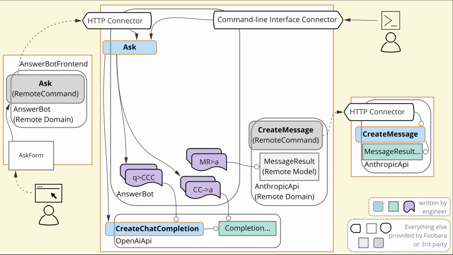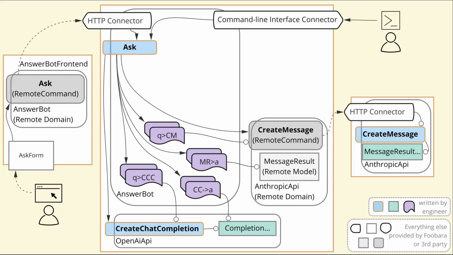And we went ahead and added our domain mappers to parallel what we had done with OpenAI. So we had a message result to answer mapper, and we had a question to create message inputs mapper. And these again know how to map the concepts from the AnswerBot domain to the Anthropic API domain. And then we wired it all up with Ask, and this kept some of those Anthropic API domain concepts out of Ask.